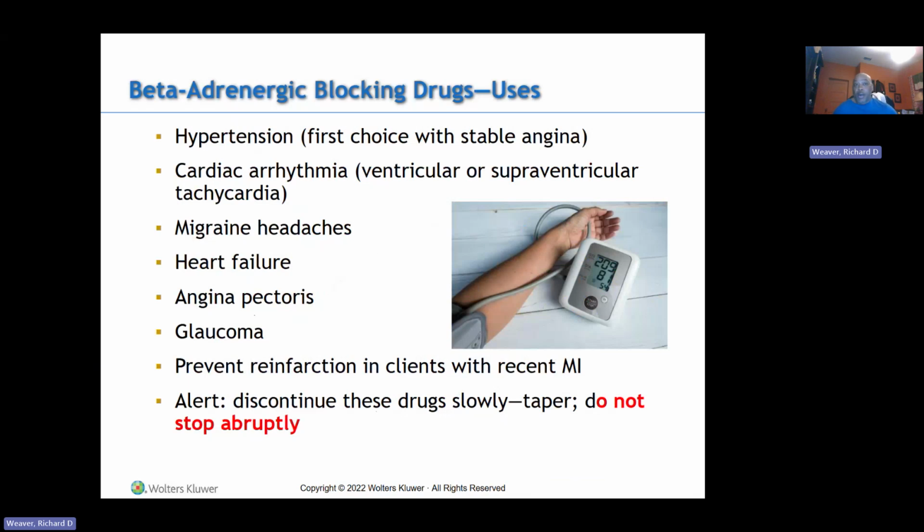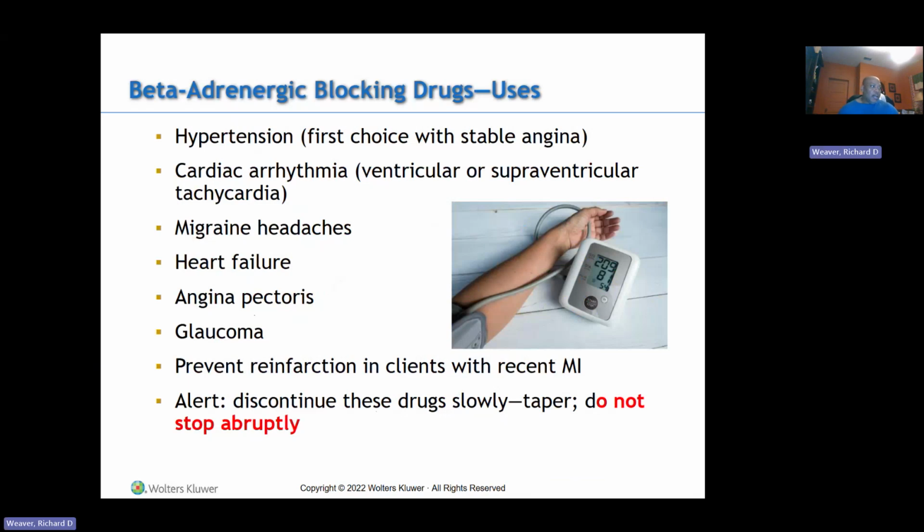Because again, we don't want the heart working too hard when it's already sick. When someone has heart failure, they have a sick heart. So we want to decrease the workload. We'll block that sympathetic stimulation so that the heart is not working too hard, because when that stimulation occurs, you get an increased workload but very little oxygen supply.